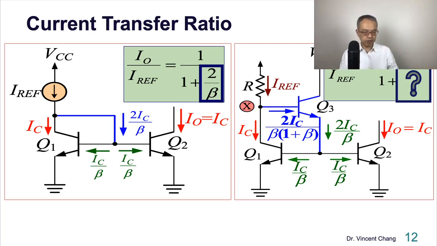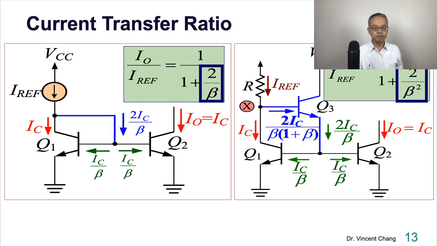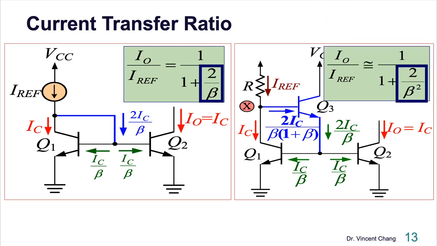You can simply take the blue base current, 2, take out the IC, divided by beta squared plus beta, and plug in like this. Got it? It's approximately equal. The exact solution should be beta squared plus beta, but beta squared is much higher than beta, so beta is negligible.